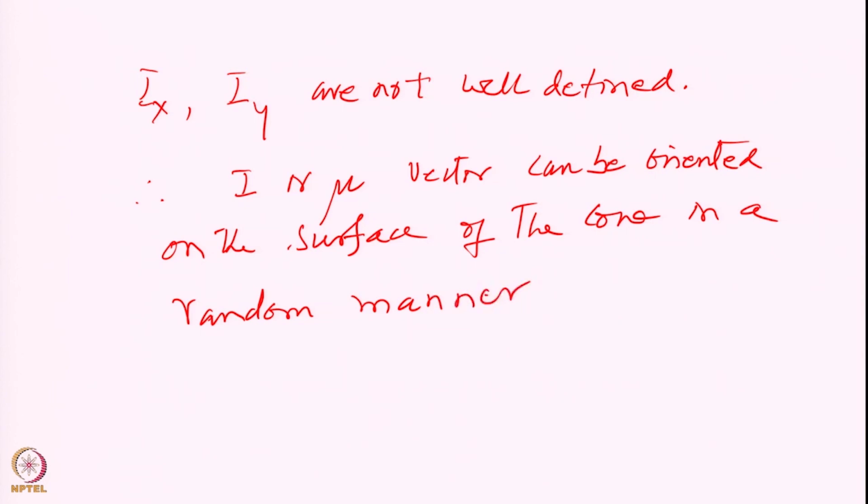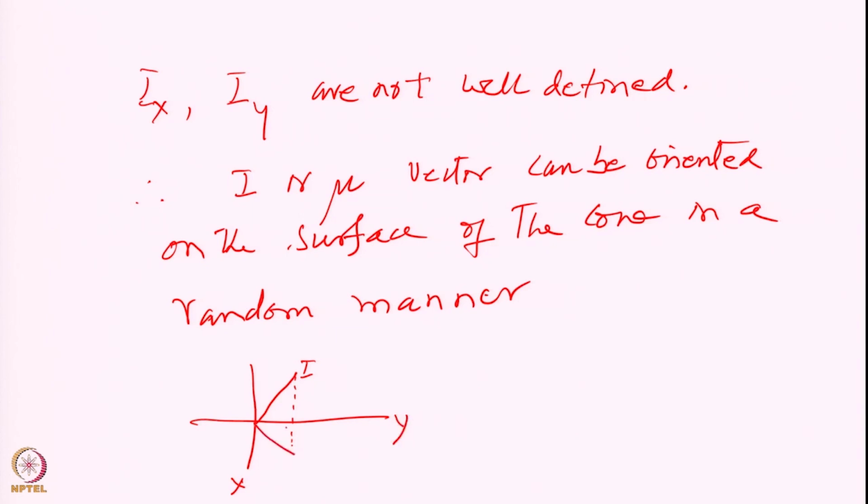If this is the case, then what happens? Suppose I take an orientation like this. I take a projection of this, this is my I or mu, both are same. Now I take a projection of this onto the xy plane, this is x, y let us say, and the z is on the top. So then I have this projection.